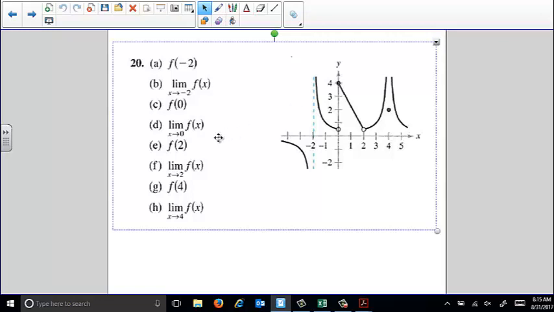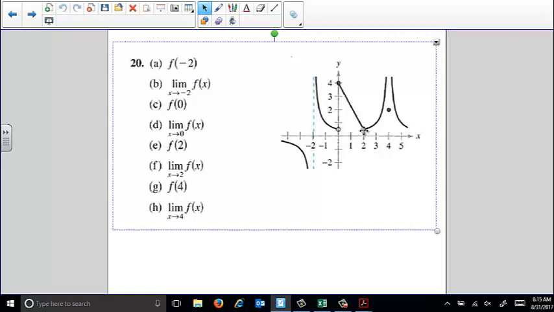Okay, let's see who we have. Margaret, what's the value of the function at x equals 2? Yeah, it does not exist because it has a hole. Okay, Michaela, what's the limit of the function as x approaches 2? Well, let me ask you this question.